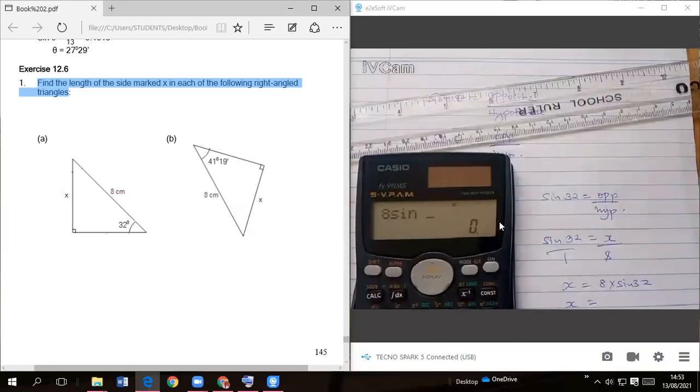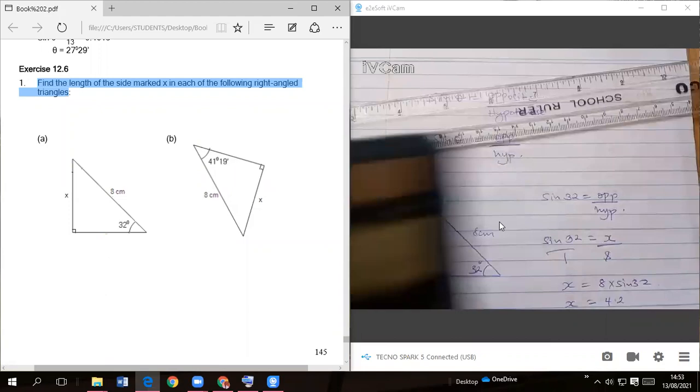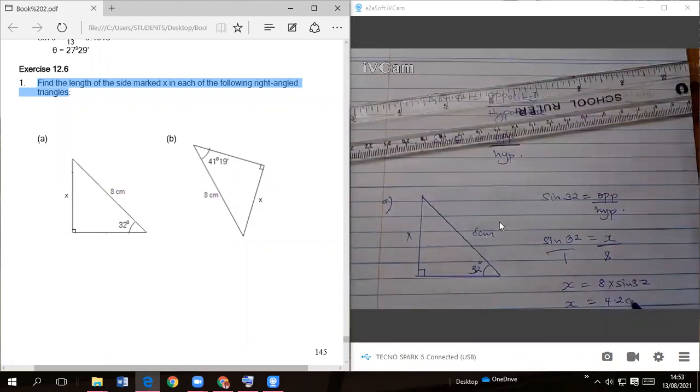Eight sine 32, you get 4.2, so 4.2 centimeters.